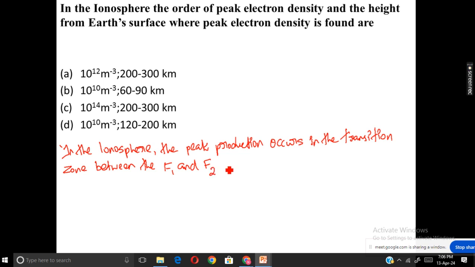If you remember, F1 and F2 had diurnal variation based on the available solar radiation. The F1 and F2 layer is at 250 kilometers, so 250 will be either A or C. And now the electron density, or the concentration, is basically 10 raised to 12 per meter cube at this layer. So A is the answer.